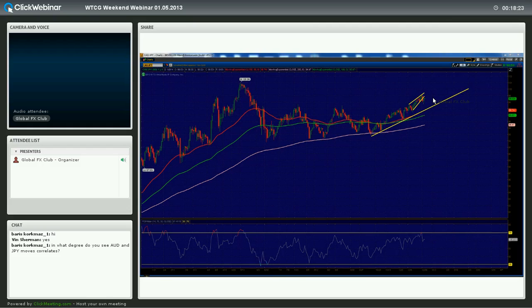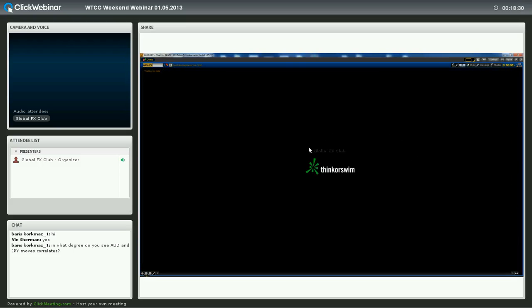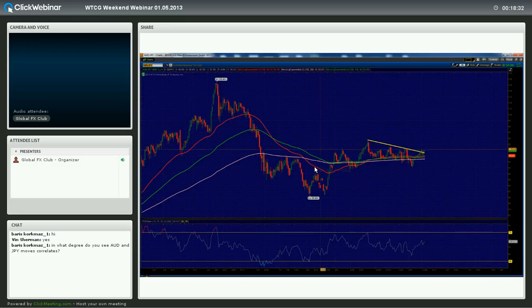You can see if you look at Aussie yen, this congestion has been taking place in the midst of a very significant period of yen weakness. So that Aussie weakness has really hauled it down. If we start to see the two of them finally start to move together, I would expect Aussie yen to finally really start to accelerate to the upside.